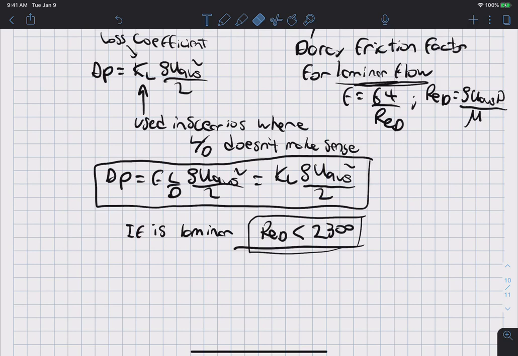So if you compute the Reynolds number and it's less than 2300, you can use this formula for the Darcy friction factor. If it's greater than 2300, then you have to go through the turbulence material that I'm going to discuss in the next video.